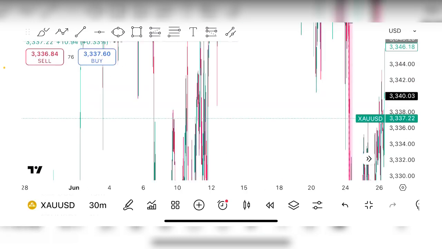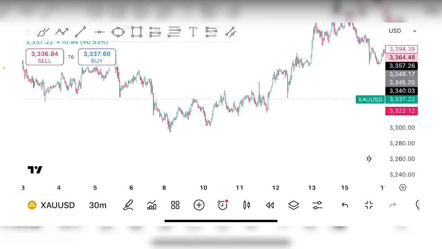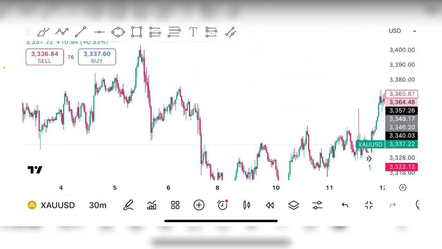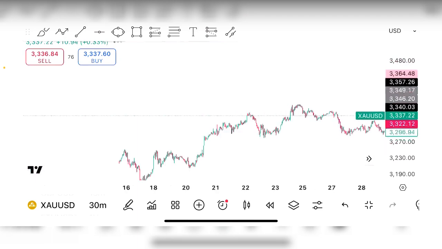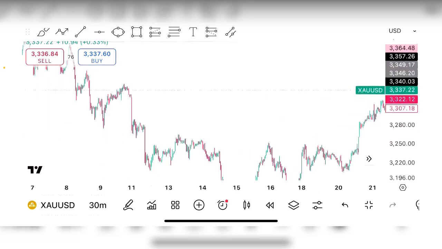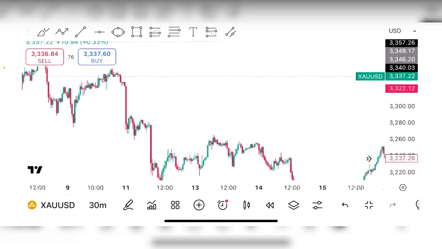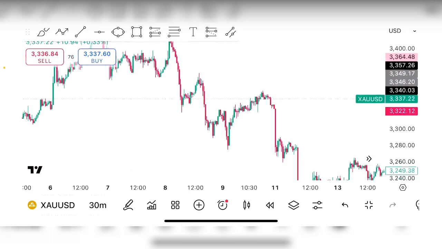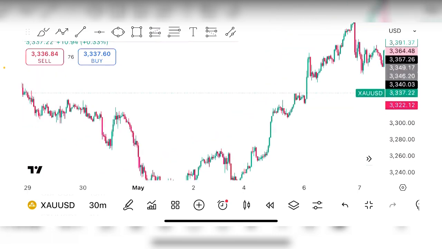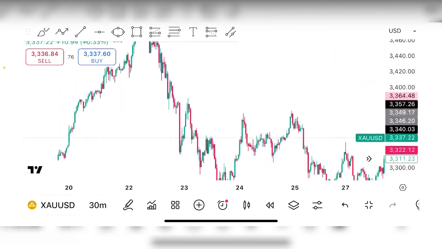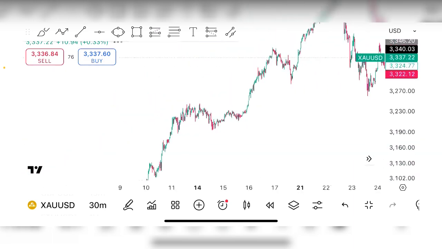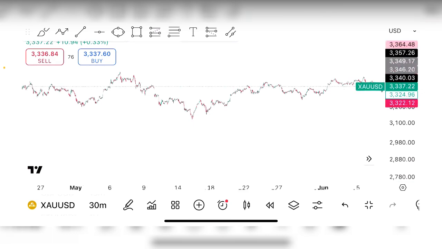Let me look for the double top and bottom for you guys on the live chart so you understand how it looks.